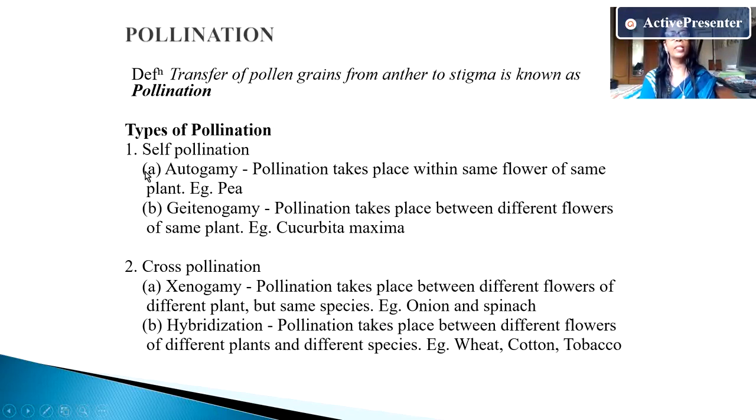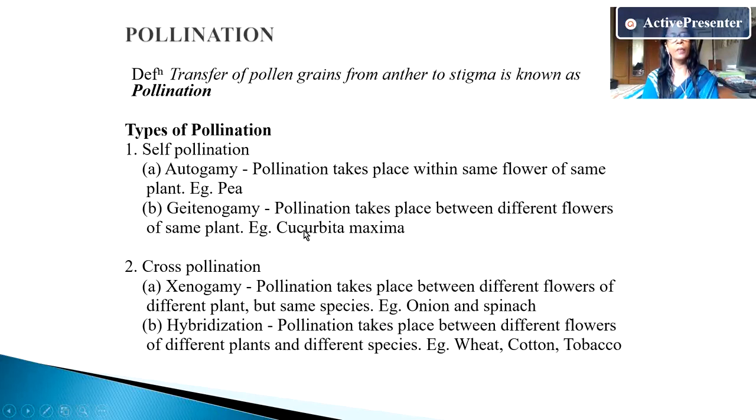There are 2 types of pollination. Self-pollination, as the term itself suggests, takes place inside the same flower. It may be autogamy or geitonogamy. Autogamy means pollination takes place within the same flower of the same plant, for example the pea plant. Geitonogamy means pollination takes place between different flowers of the same plant.